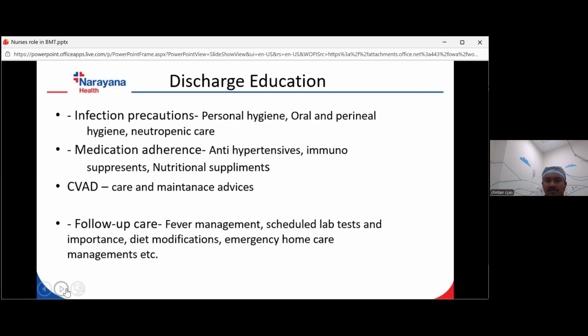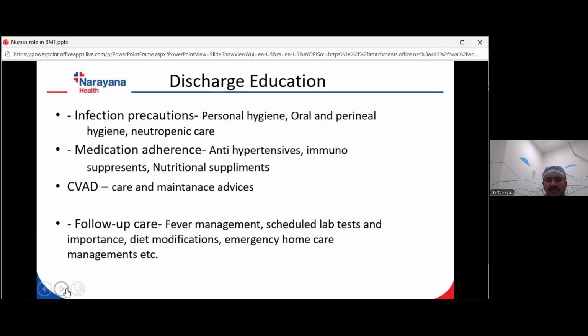And medication adherence: at the time of discharge, the patient may be on antihypertensives, immunosuppressants and nutrition supplements. Especially with antihypertensives, the mother, father or caretaker must be able to identify BP changes and, if needed, medication modification. So there must be proper training before giving discharge.